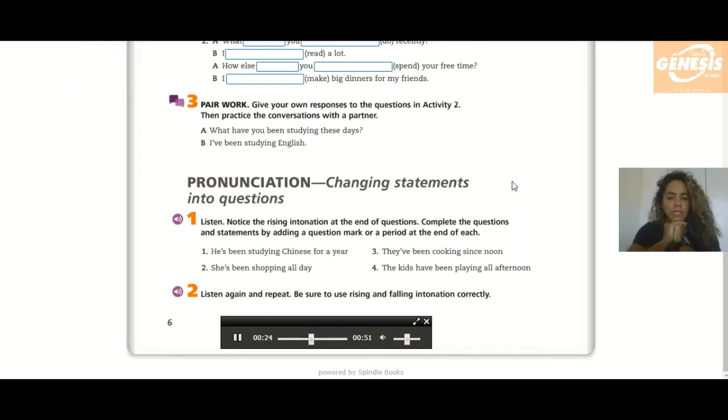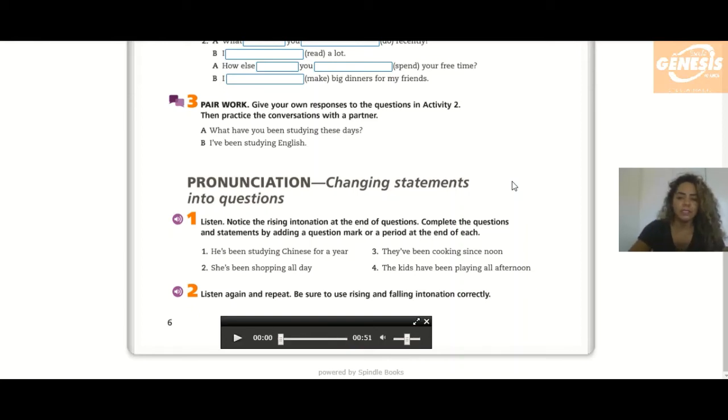He's been studying Chinese for a year. 2. She's been shopping all day. She's been shopping all day. 3. They've been cooking since noon. They've been cooking since noon. 4. The kids have been playing all afternoon? The kids have been playing all afternoon.